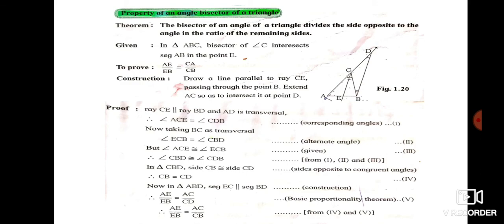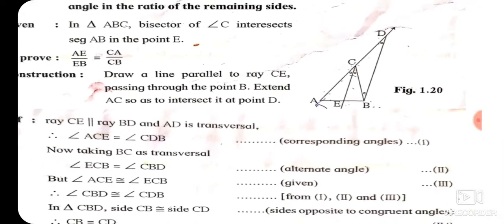Property. Okay. So here we have the diagram. Over here we have to prove that AE upon EB is equal to AC upon CB. Or you can also say that AC upon CB is equal to AE upon EB. Now we have a construction over here. We have CE as the bisector of the triangle ACB.